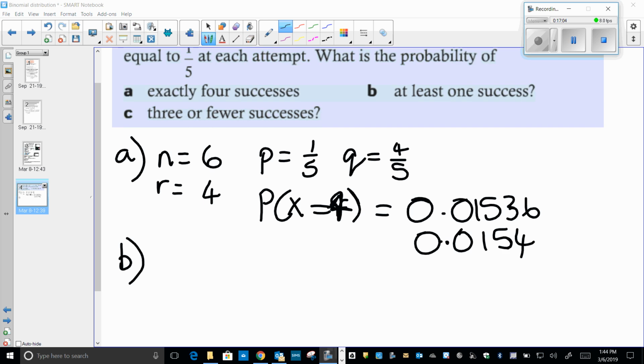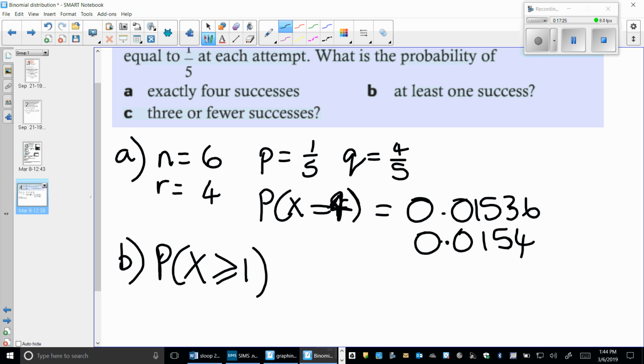So for B, what are we going to do? P(X), and we want at least 1 success. Let's establish what at least 1 success means. It's going to be greater than or equal to 1.